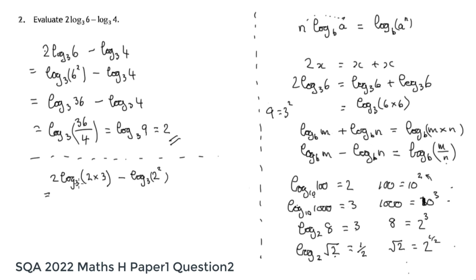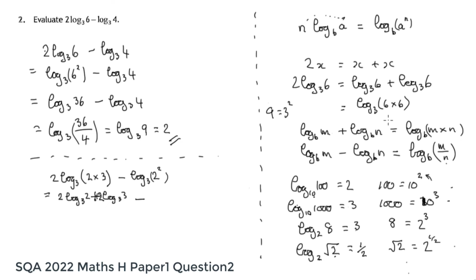Now, remember this law over here. Adding logs multiply the numbers. Here we are multiplying the numbers, so we'd be adding the logs of 2 and 3. But remember, it's double that expression, so you'd have to double the whole of this expression. So we'd have twice this and twice this.